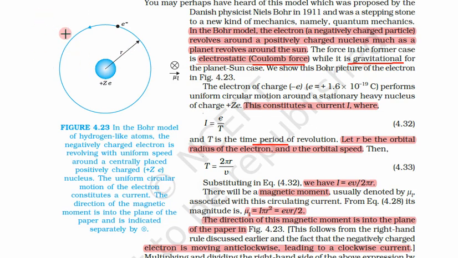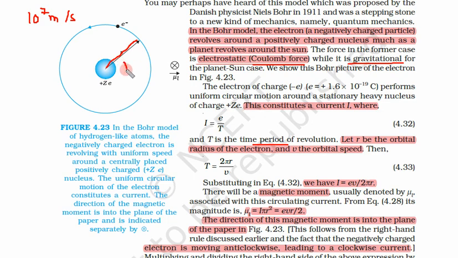Now let us calculate the number of times this electron moves around this nucleus. Generally the velocity of the electron is 10 to power 7 meter per second, and this radius is hardly 1 or 2 angstrom.